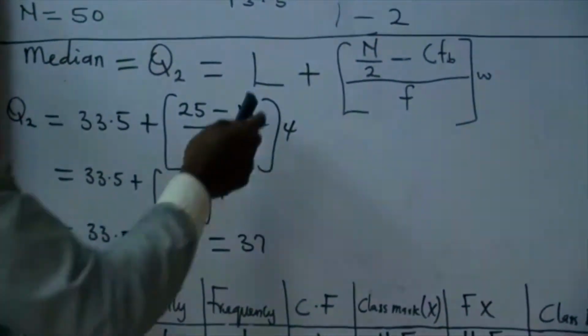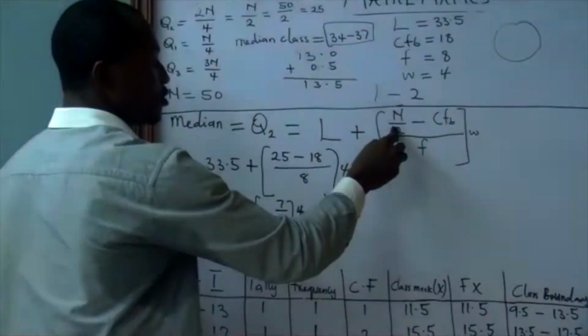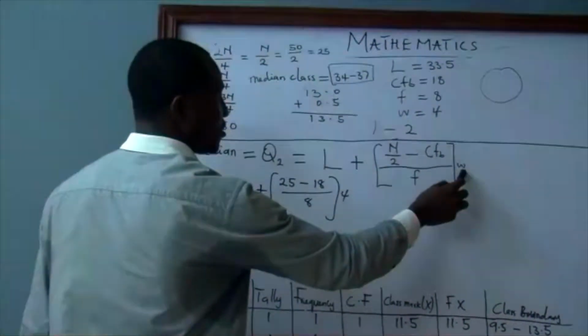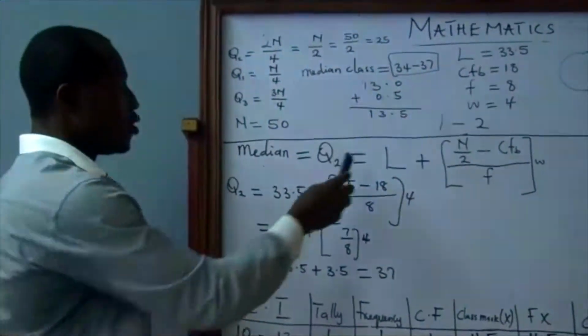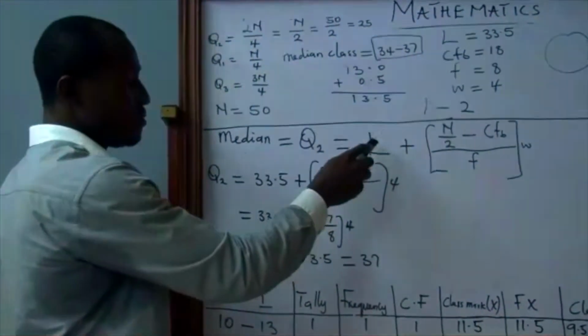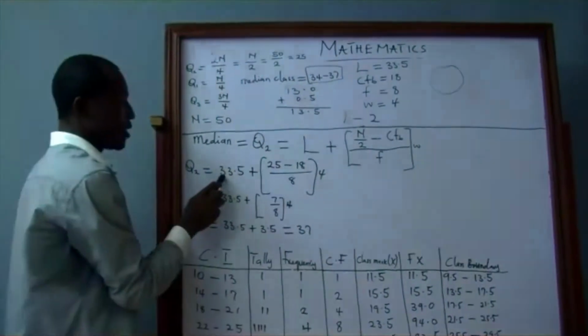It's L plus, upon a big bracket, n over 2 minus CFB, divided by FW. And now that we know what each of them stands for, the lower class boundary of the median class is 33.5. And that is how I got 33.5.